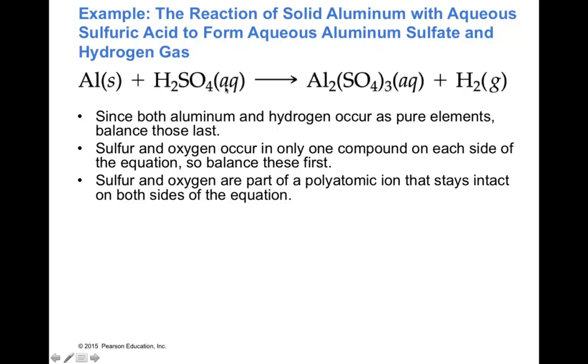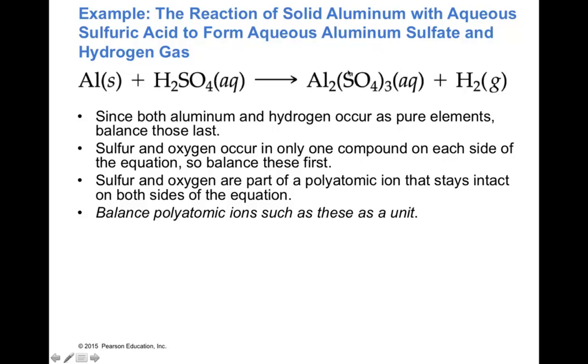You can see here that you have an SO4 and also an SO4 here. So this is basically a polyatomic ion, and it must be treated as a unit. Balance polyatomic ions such as these as a unit.